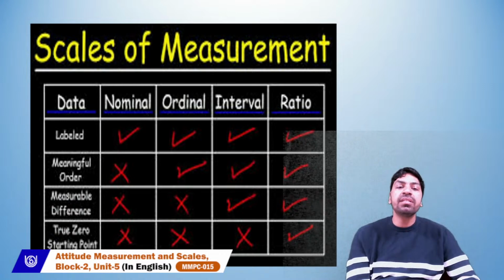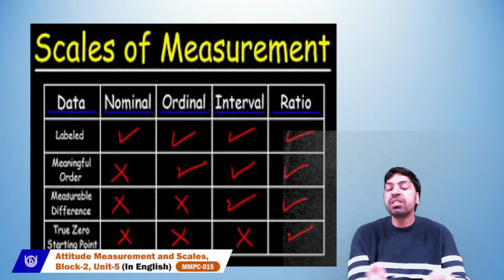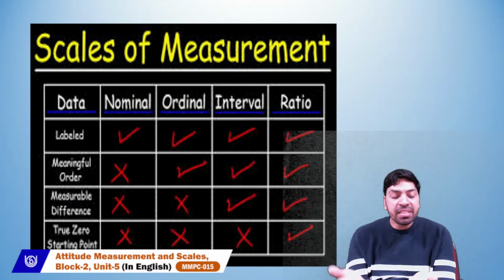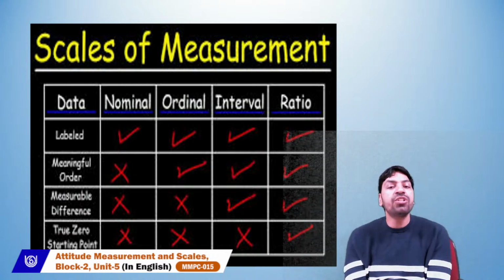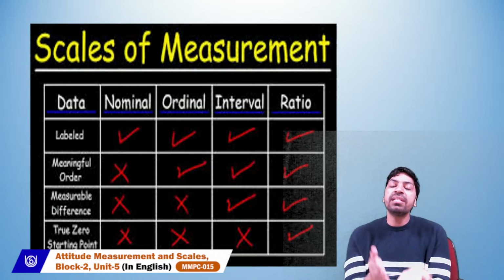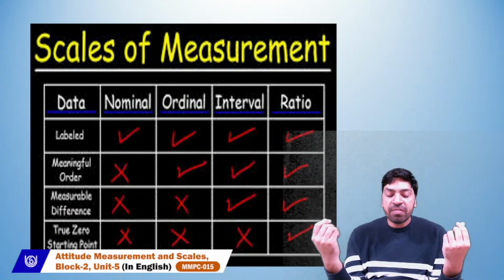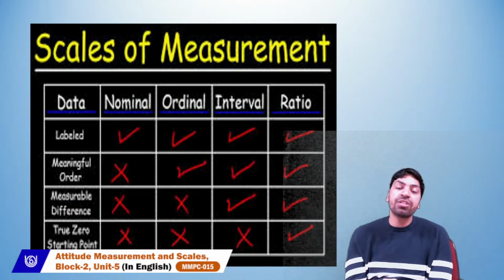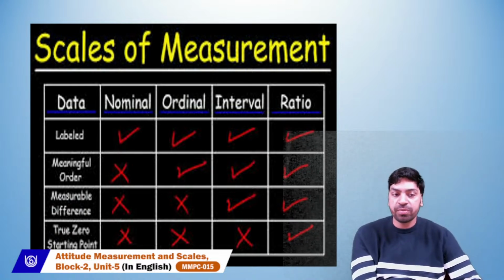Measurable differences: when we talk about intervals, we always estimate the differences of the values, and in the ratio also. Why? Because ratio is an extension of the interval. So if we talk about the ratio scale, the interval automatically comes into the ratio.